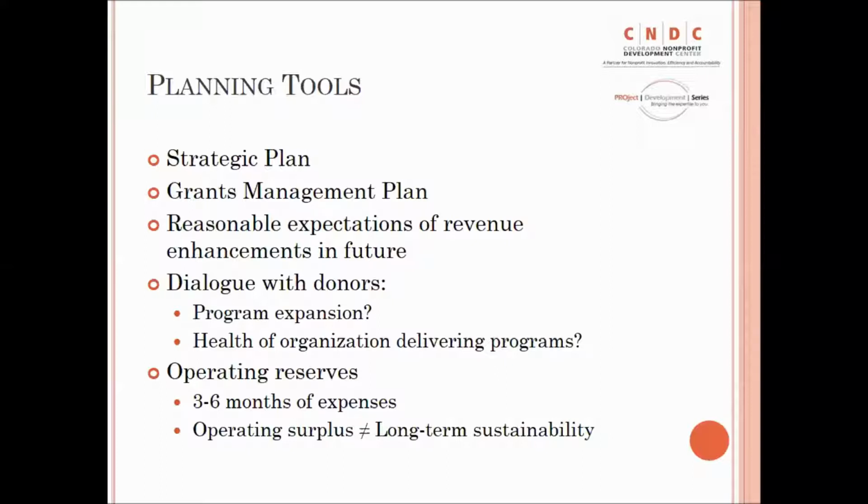So that operating surplus, and you don't have to get 3 months or 3 to 6 months all at once. It could be a staggered goal throughout the year that when you do get some flexible funds, you tag that for reserves, knowing that you won't dip into it until you really need to based on other financial goings on within your organization.